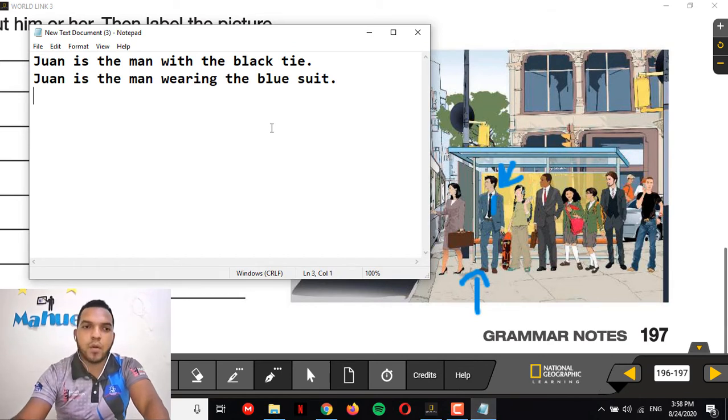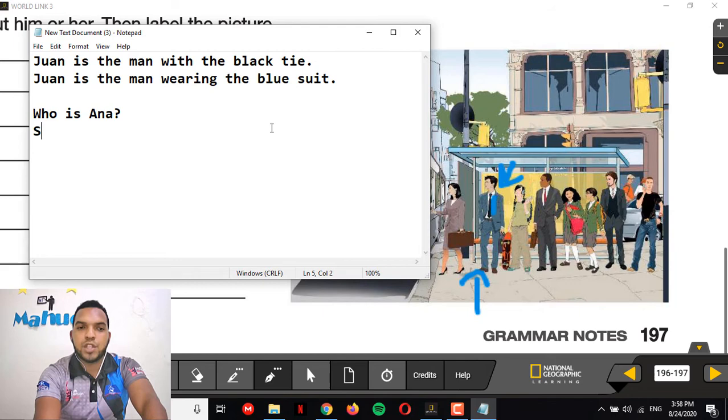Now, if I say, who is Anna? I say, okay, well, she is the girl with the pink bag.